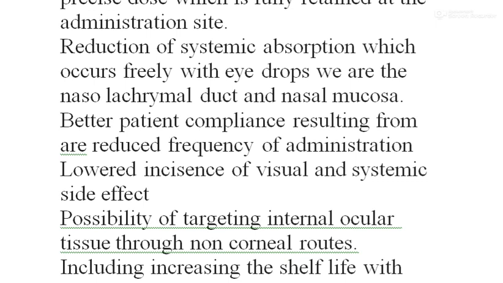This kind of dosage form can prevent the loss of the drug through the nasolacrimal duct. It does not happen in this case because the release is constant and slow.